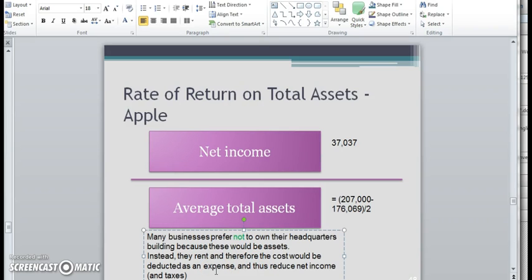When you have smaller net income, you pay less in taxes. So there are many benefits for a company to not own their headquarters or have too much real estate. You reduce this, you increase your expenses, which reduces this, which reduces your taxes payable.